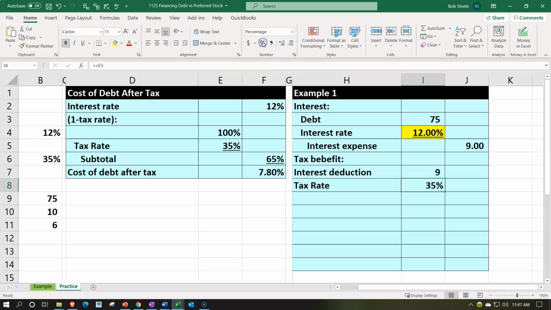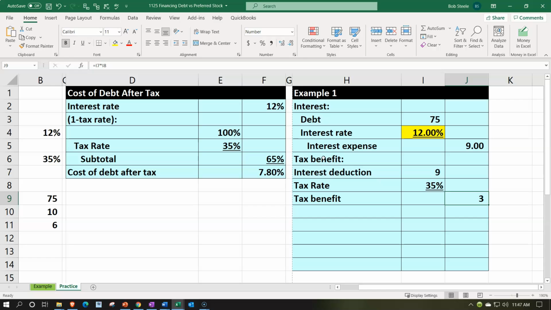Number group, percentify, and then font group and underline, and that's going to give us our tax benefit, which is misspelled up top, which normally doesn't bother me, but that's bothering me right now, so I'm going to change it. There we go, and then this is going to be the 9 times the 35%.